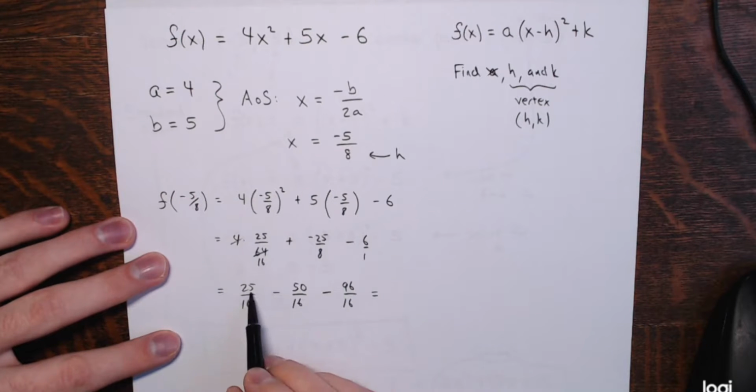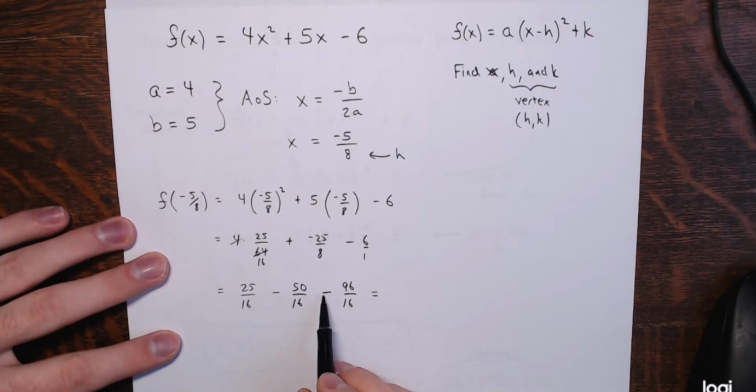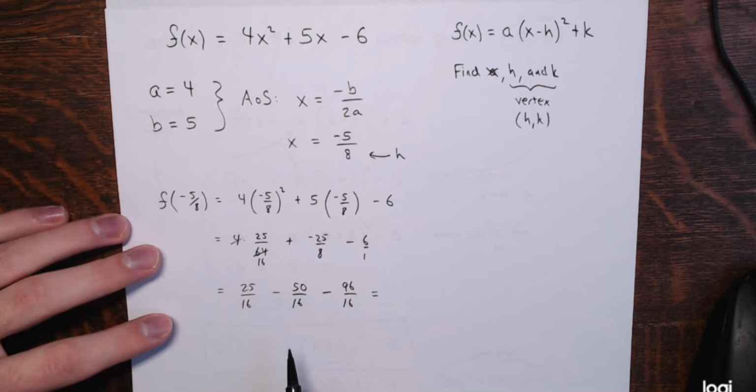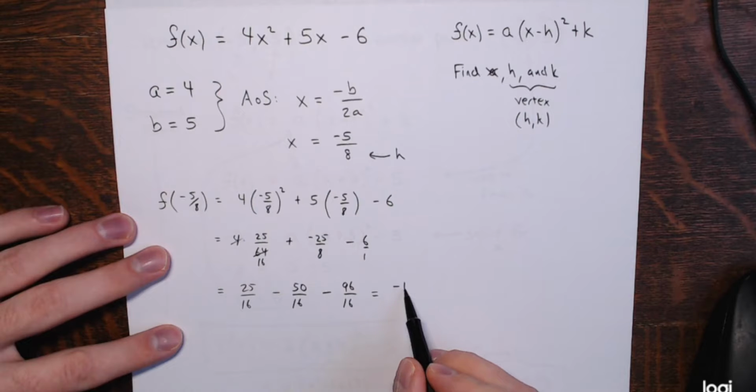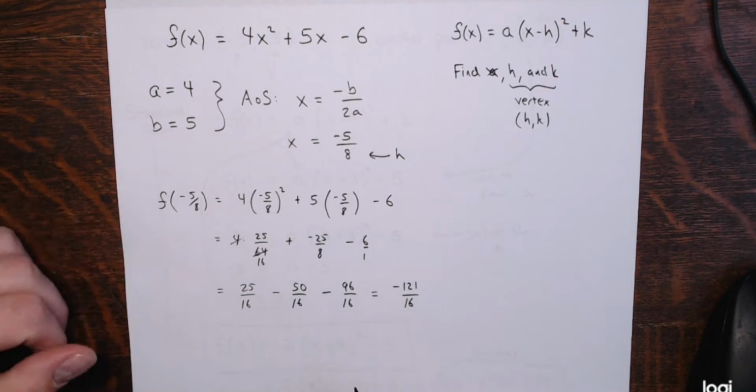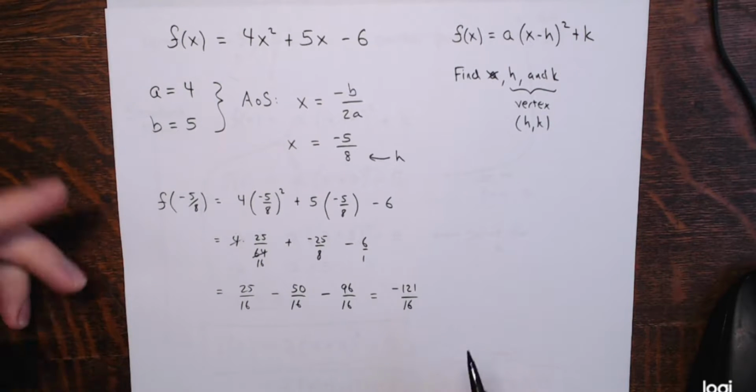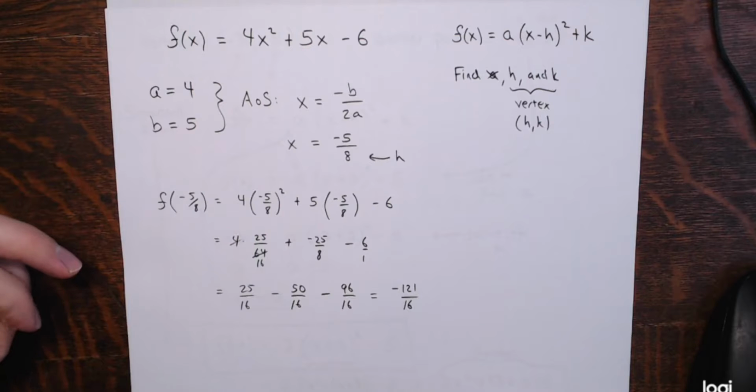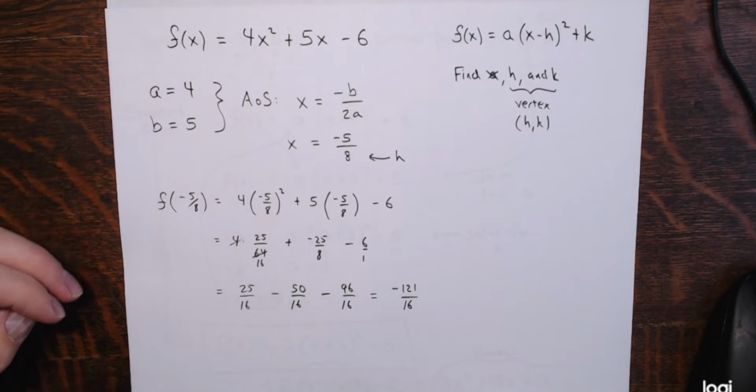And so this is negative 25, minus 96, would be negative 121/16. And that's as simplified as that gets, because this is 11 squared and this is 2 to the 4th. There's no common factor. Alright. Just double checking here.